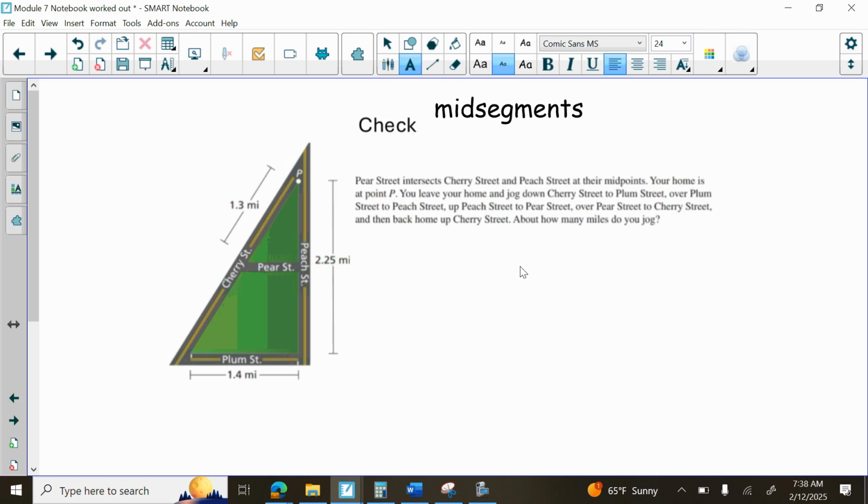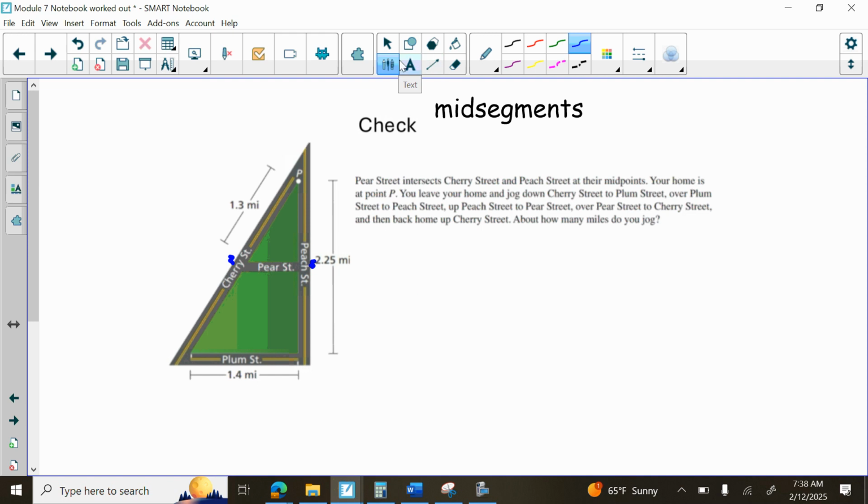All right, so let's read the question. It says, Pear Street intersects Cherry Street and Peach Street at their midpoints. So this is the midpoint of Peach Street, and this is the midpoint of Cherry Street.